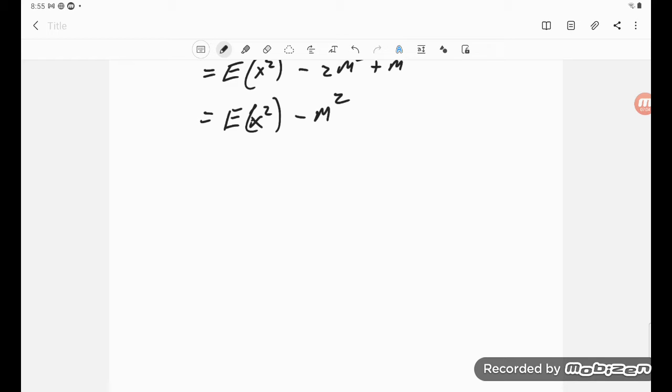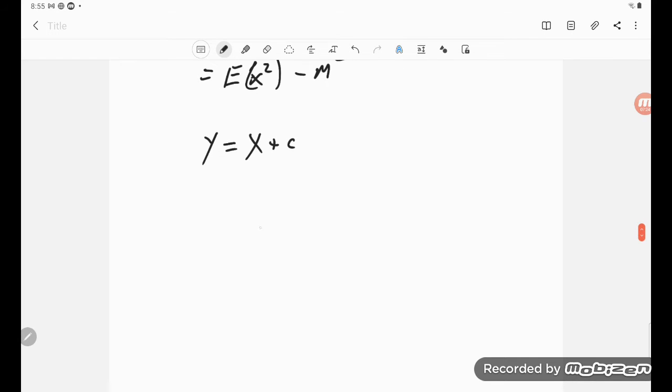Let's see. So we've got some properties of the variance. If I let y equal the random variable x plus some constant, so I just shift it over. Well, intuitively, I started with maybe this, and then I added, so there's the mean maybe, and I shifted over by c.